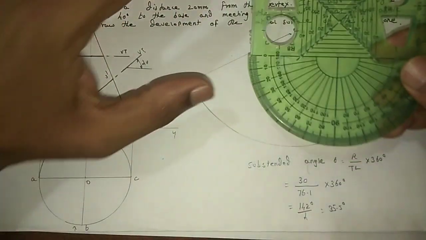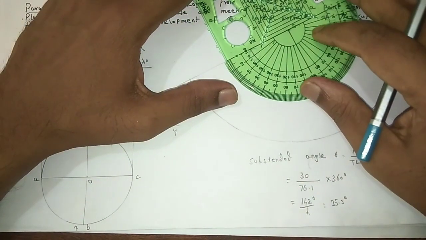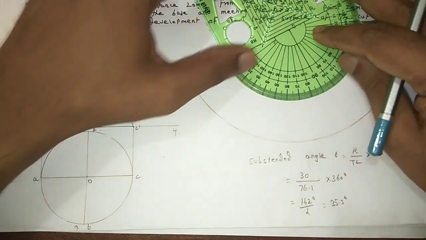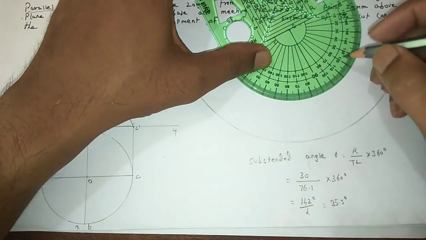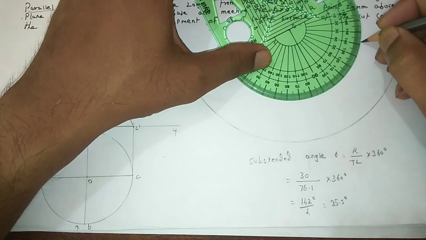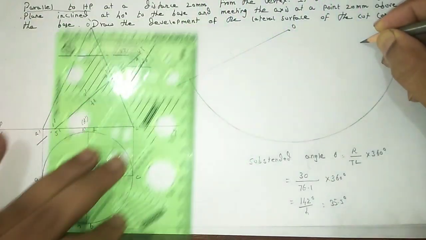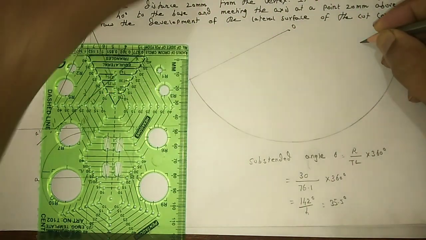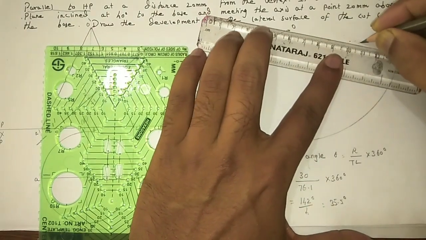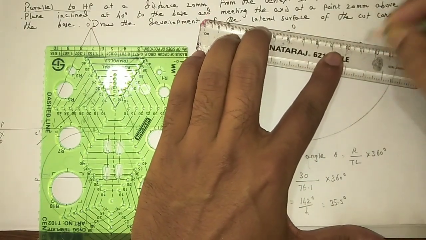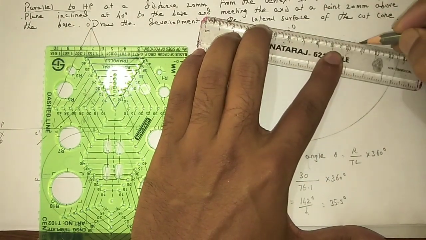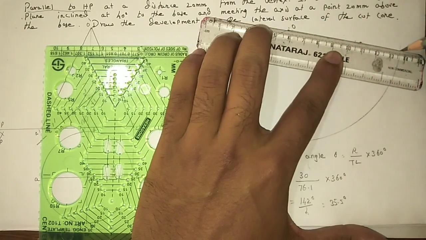Now place the protractor on this line, and take angle 142 degree. Through the angle, draw one straight line up to the curve.